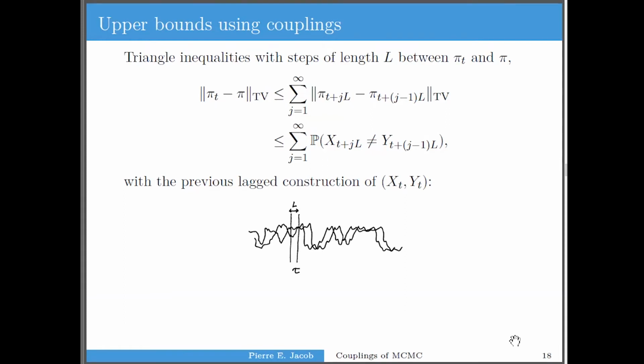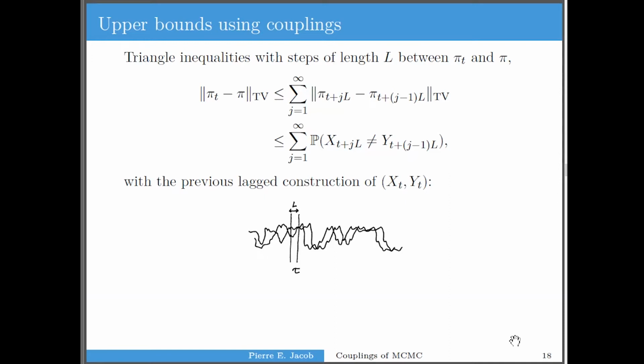You're reusing the same idea of this telescopic sum, and you apply the triangular inequality directly on the distributions here to obtain this infinite sum of TVs. They're basically TV between pi t plus L, and then between pi t plus L, pi t plus 2L. And you go towards infinity in steps of size L, basically.